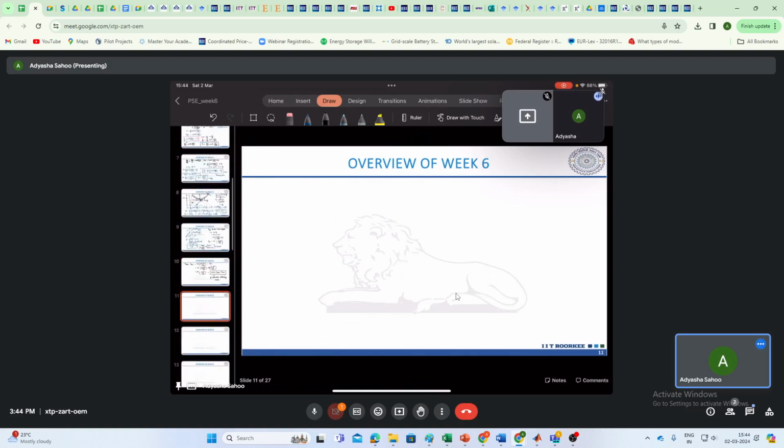Now if we approximate that curve as a parabola, we'll see what changes will be there due to this approximation. Parabolic curve.